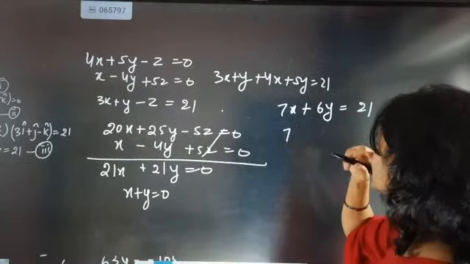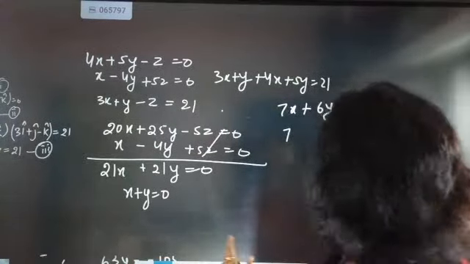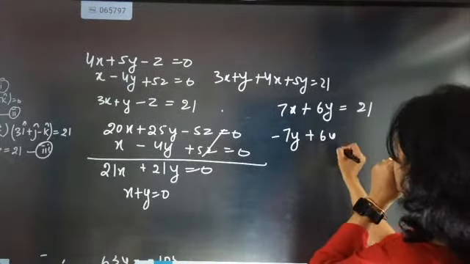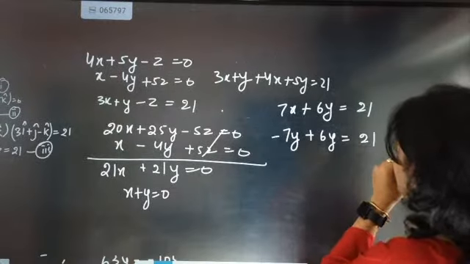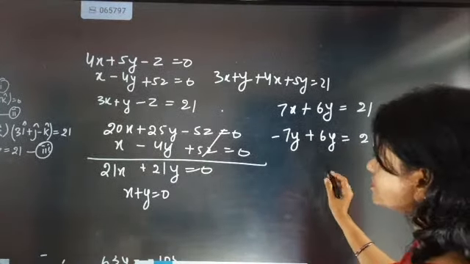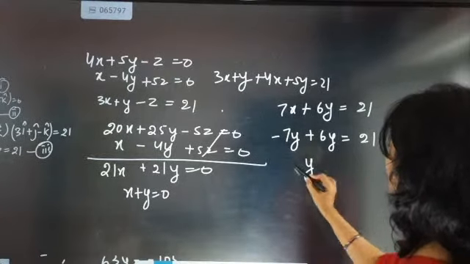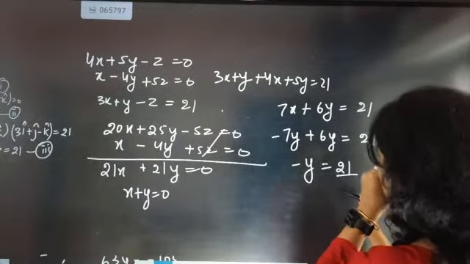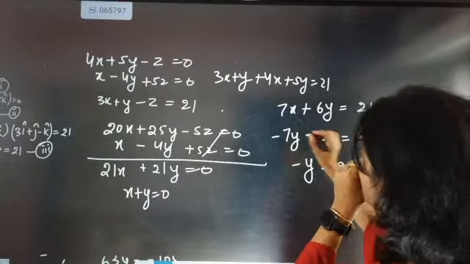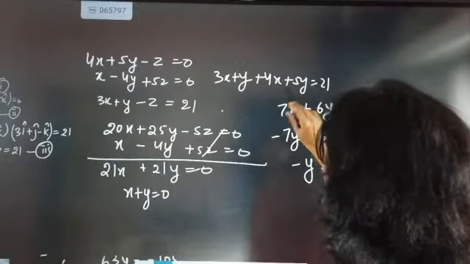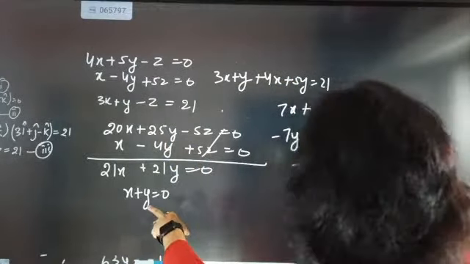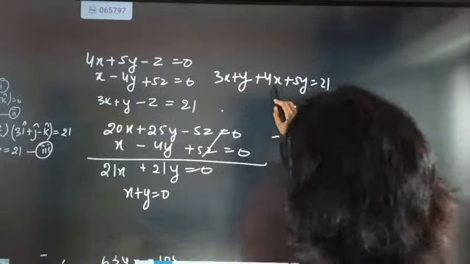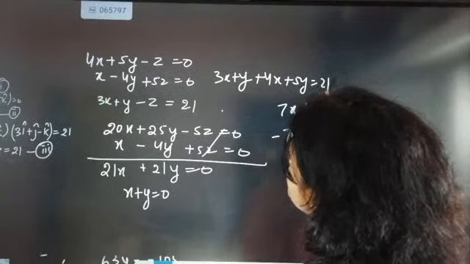Then it is going to come as 7, x will be coming as minus y. Got it. Minus 7y plus 6y equal to 21. Patience, patience, patience. Minus y equal to 21 coming. Three plus 4, 5 plus 1, because 3x plus y and then 4x plus 5y equal to z.